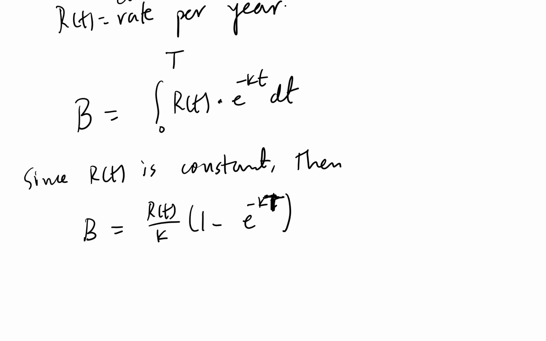So they give me r of t, 39,000. That's why it's constant. And the rate was 5%, 0.05. 1 minus e to the negative 0.05 times 14 years.